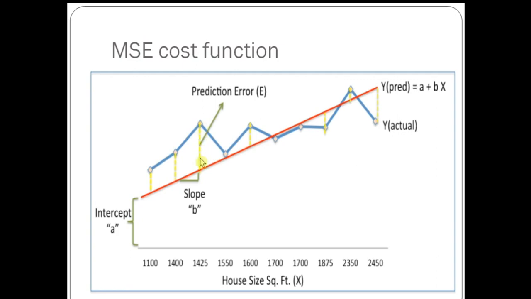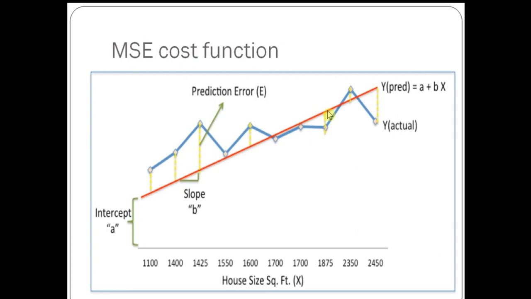If this prediction error is less, our algorithm is computing exact values. For this purpose, we take the square of this prediction error. Why? Because sometimes the predicted value is on the positive side of the actual value, or on the negative side of the actual value. In this case, we need to take the square.